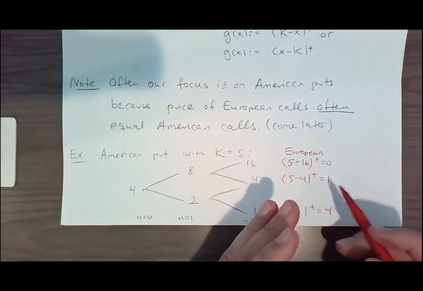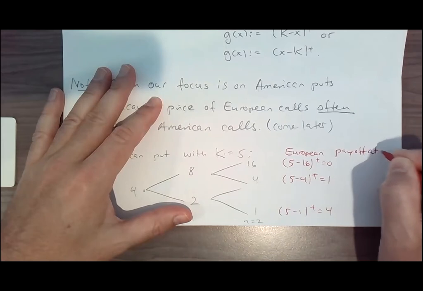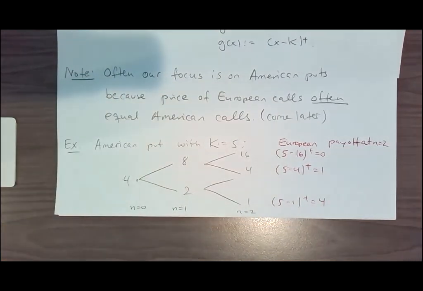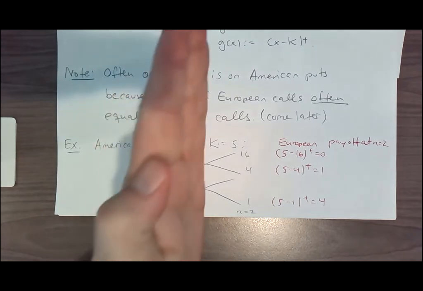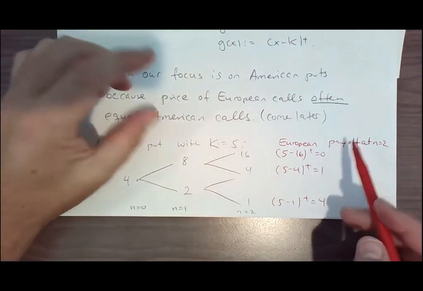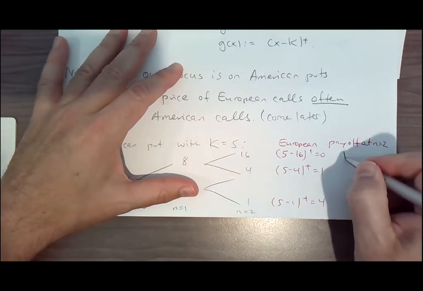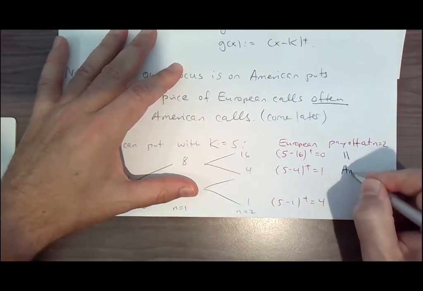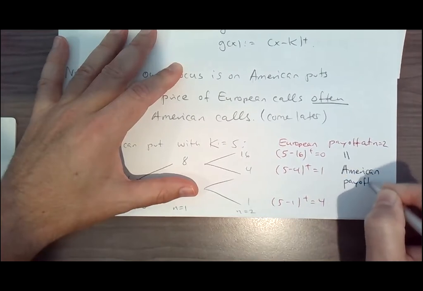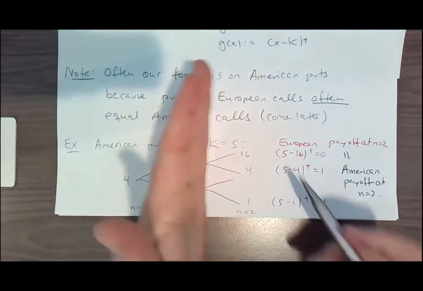So this is the European payoff at time 2. This is something we're familiar with. And the European and the American payoffs at the end are the same. This here is also going to be equal to the American payoff at the end. So there's no difference here out at the end.